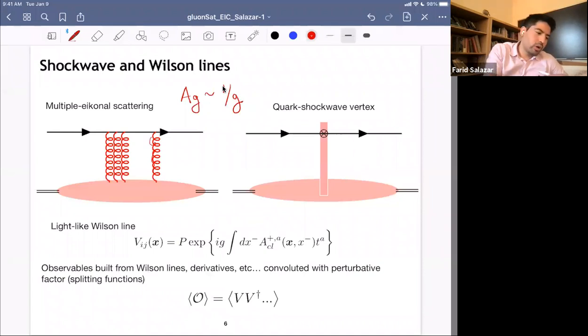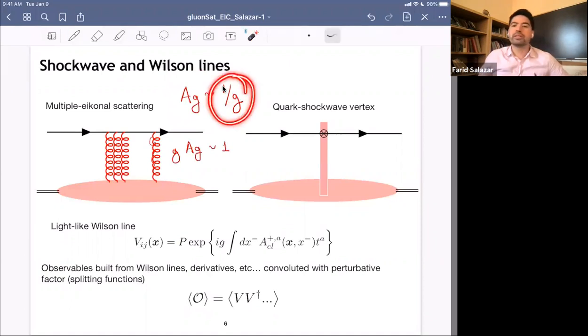But since for each gluon attachment you will have something like this, this is going to be order 1 if the strength of this gauge field is order 1 over g. So you have to do a resummation, and this is precisely the multiple scattering. So you consider one scattering, two scatterings, three scatterings, and so forth.